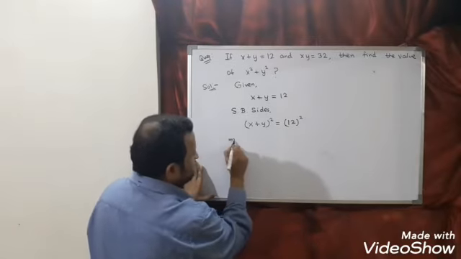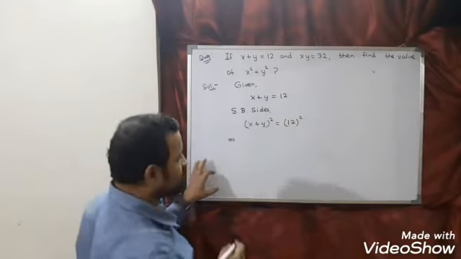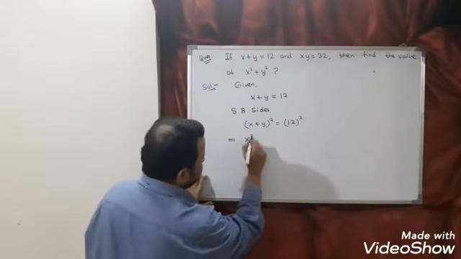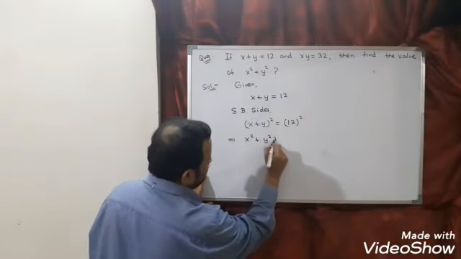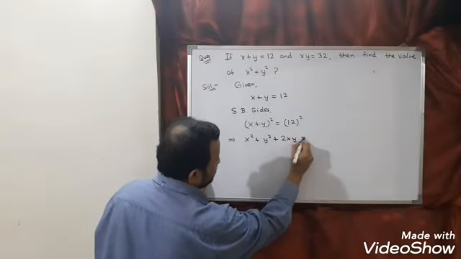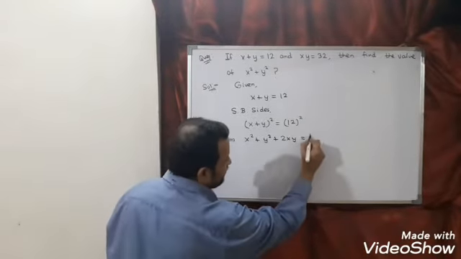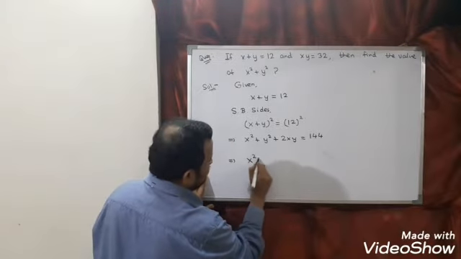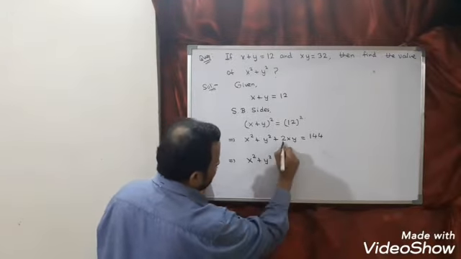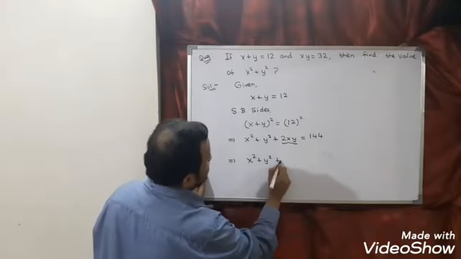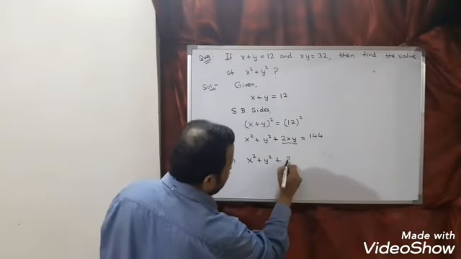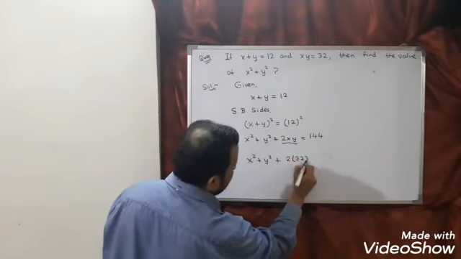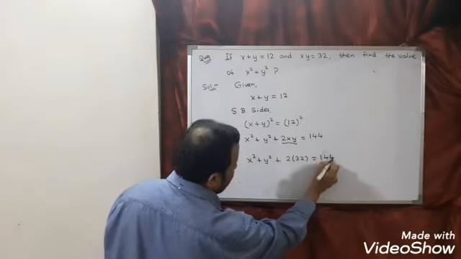x plus y whole square is equal to 12 square. Or this we can write as a plus b whole square. Expand: x square plus y square plus 2xy is equal to 12 square is 144. Or this we can write as x square plus y square plus, what is xy? 32. So 2 into 32 is equal to 144.